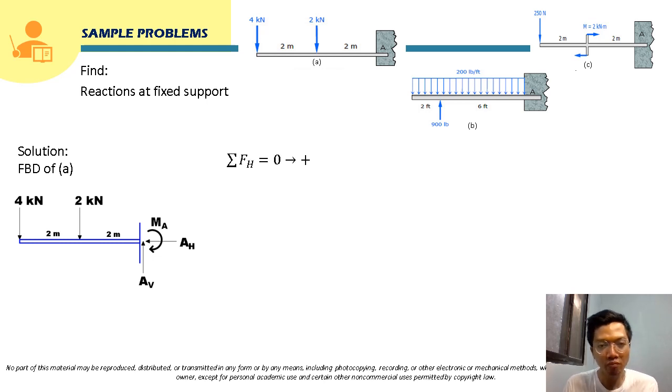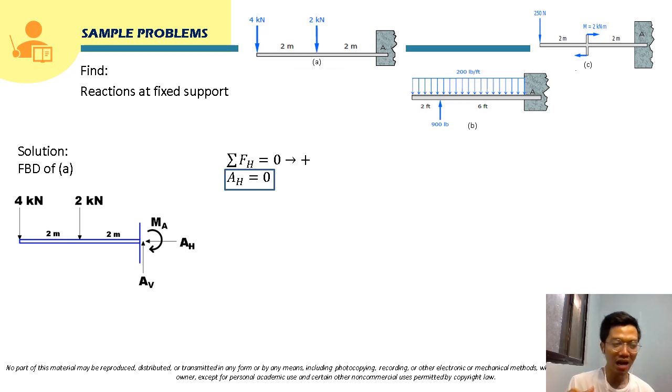For AH, as we can see here, there is no horizontal loading. So there is no other horizontal force that we can include in the summation of forces horizontal other than AH. So AH will just be equal to 0. You don't actually need to show this in your solution.